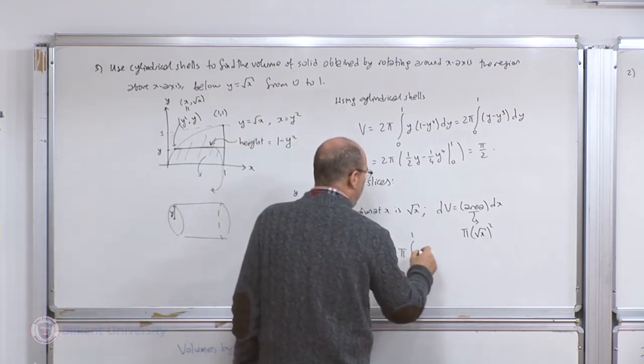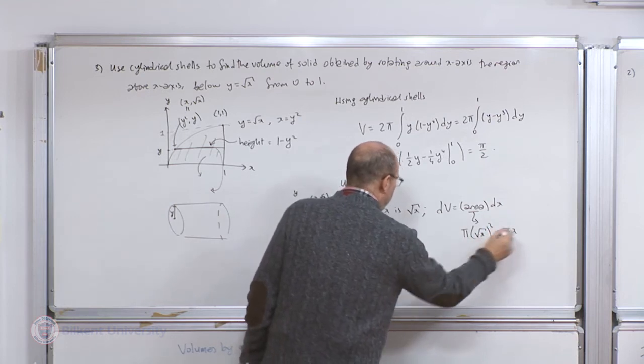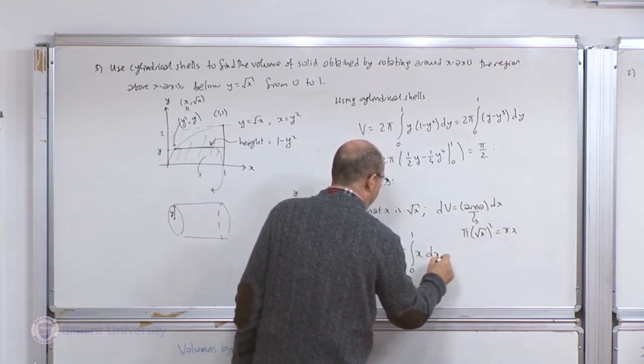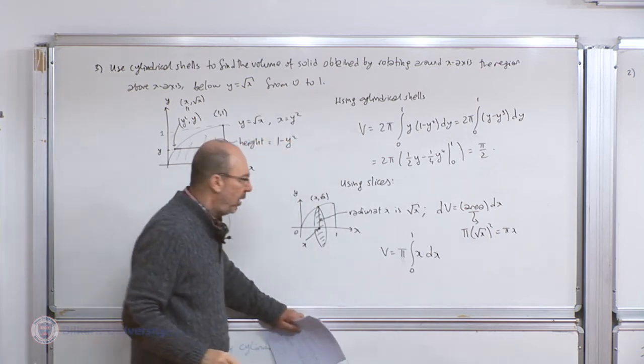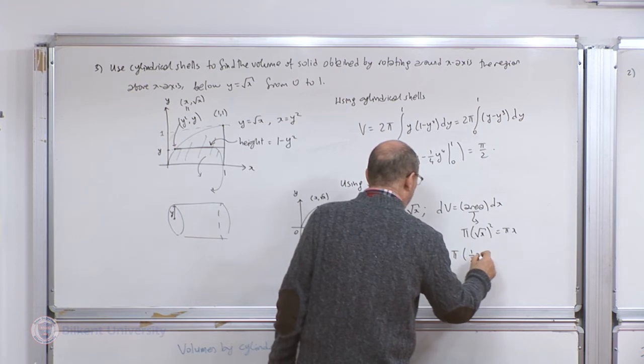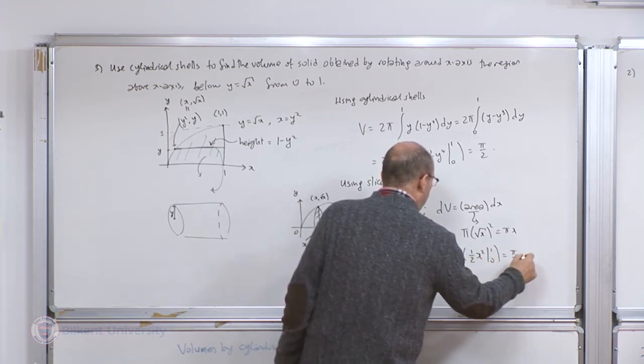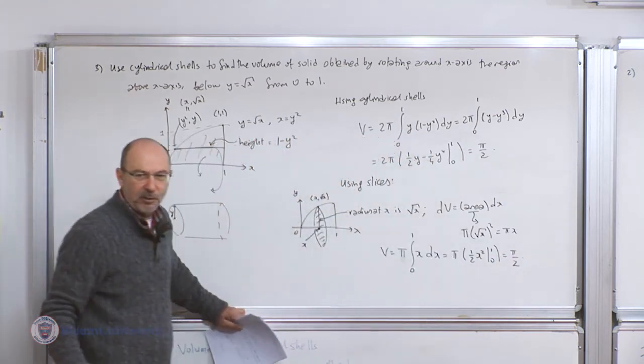Radius squared is x, so this is pi x dx. I integrate this. This is pi times 1 over 2 x squared from 0 to 1, and miracle of all miracles, I get the same number.